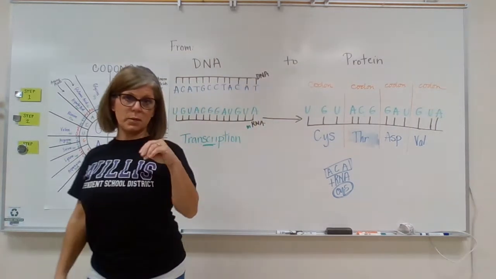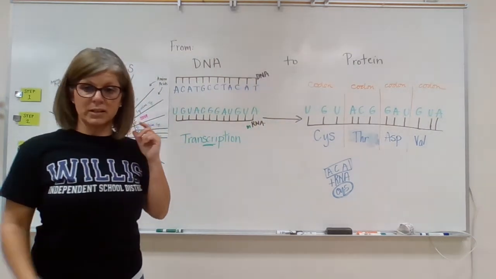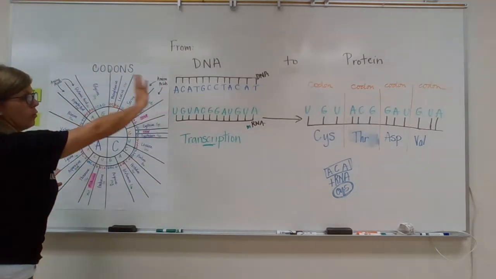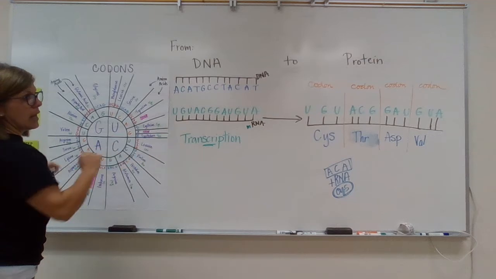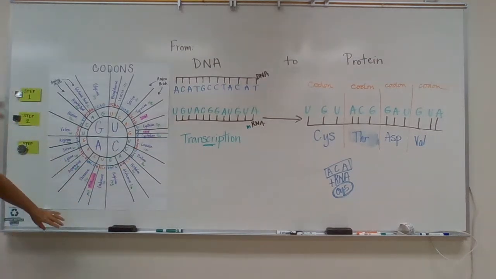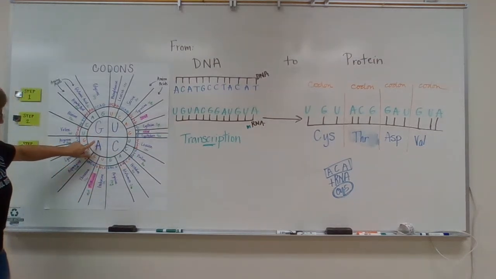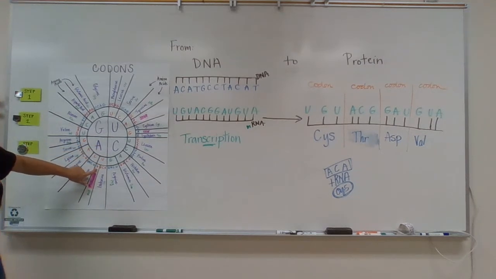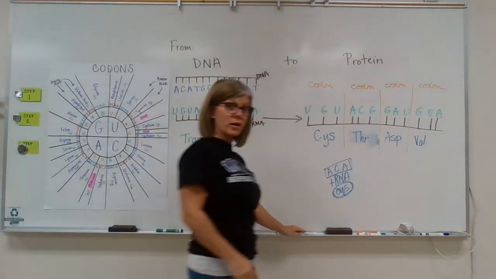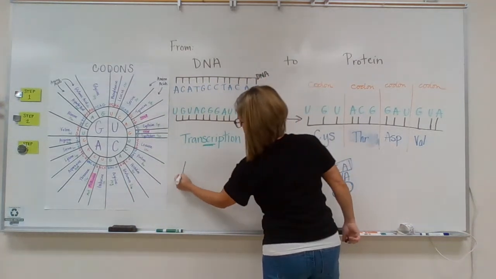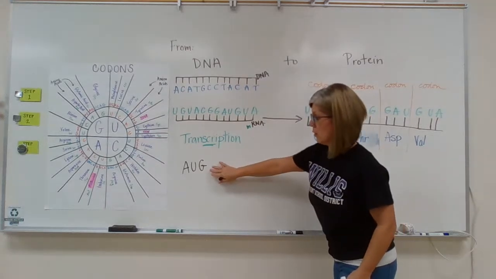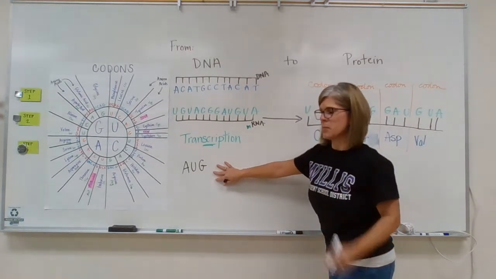Every single polypeptide that's being built is going to have a place to start. When the ribosome reads this particular codon, AUG, AUG is the starting point for all of our polypeptides.